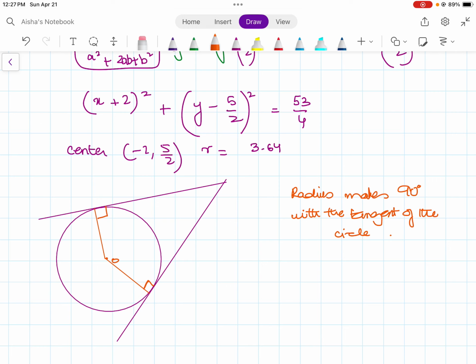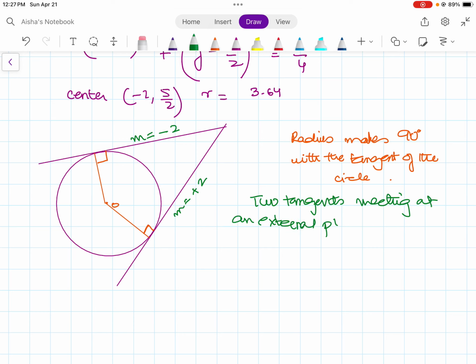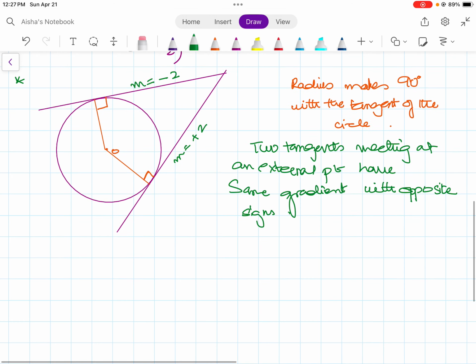Another most important thing to note is that if this gradient is negative 2, this gradient is going to be plus 2. They have the same gradient with opposite signs. So this is an important concept.